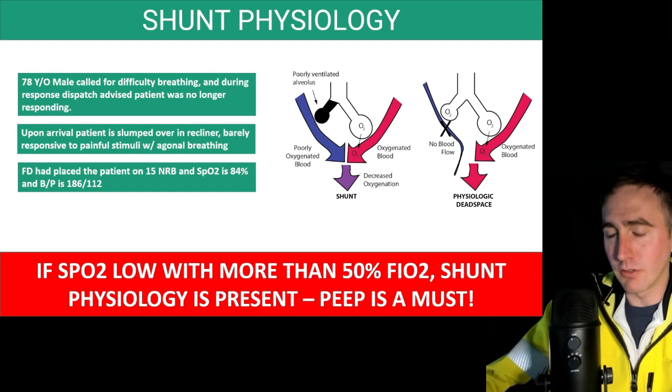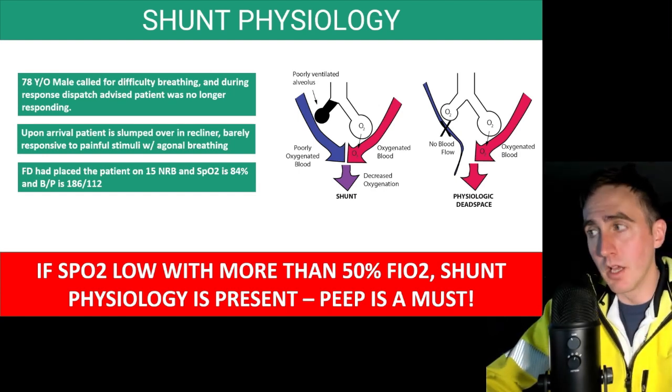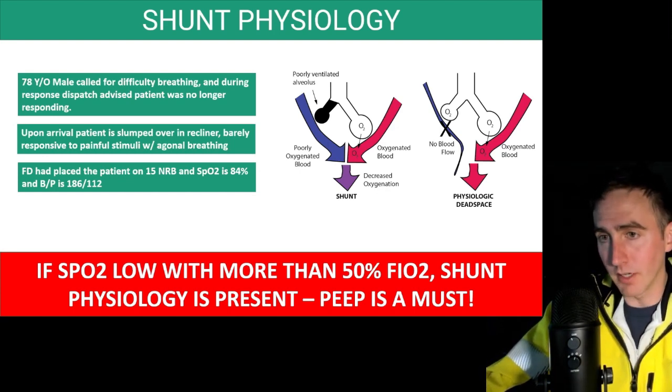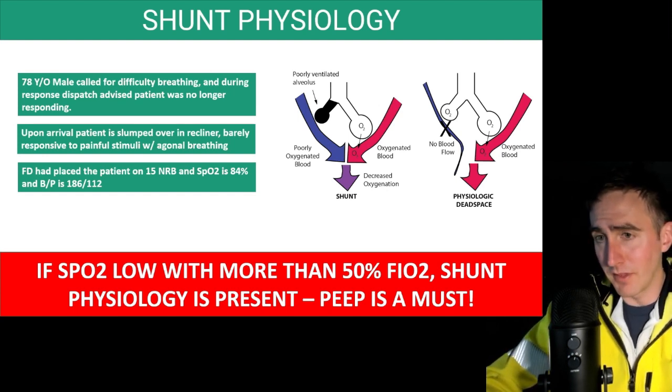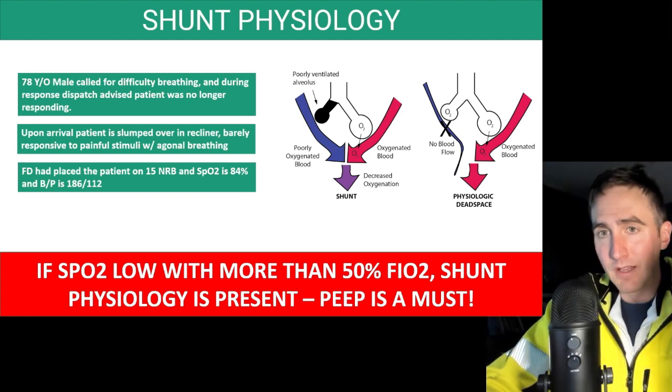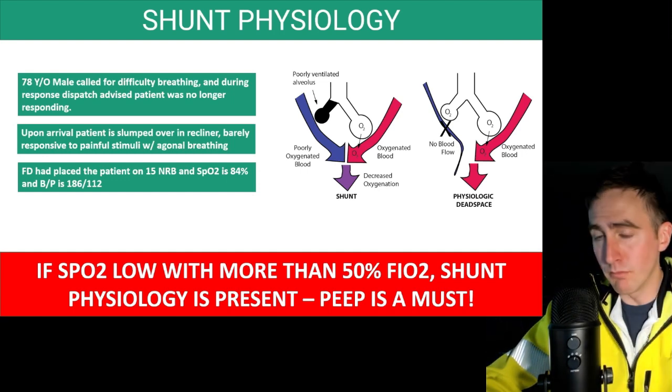So you have blood flowing through the pulmonary arteries that is not picking up oxygen and offloading CO2. You have a mixing of oxygenated blood from the alveoli that are ventilated and deoxygenated blood from the pulmonary artery that was not able to get oxygenated.